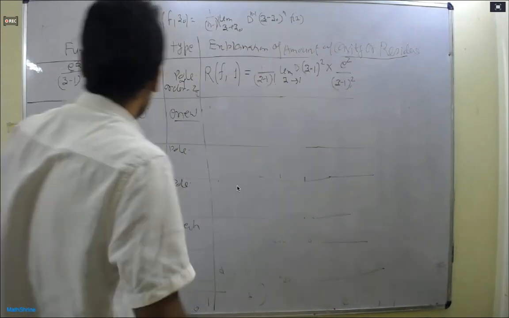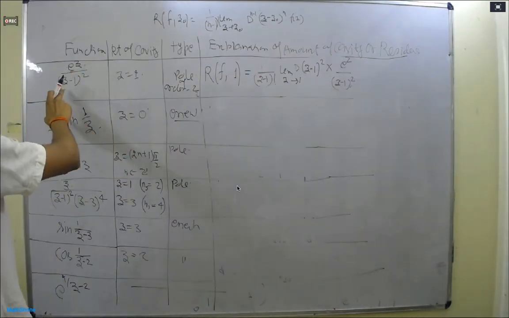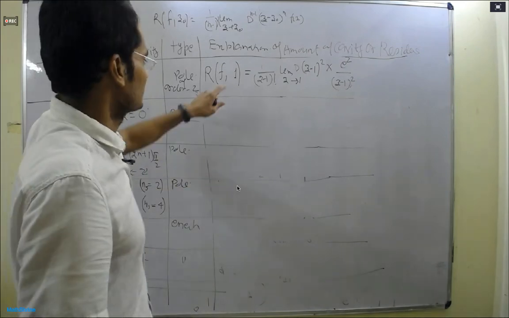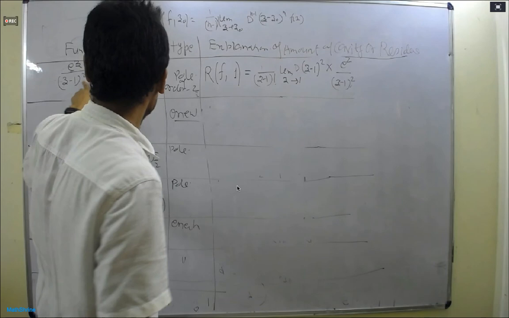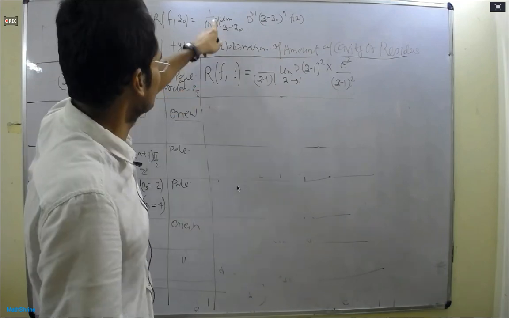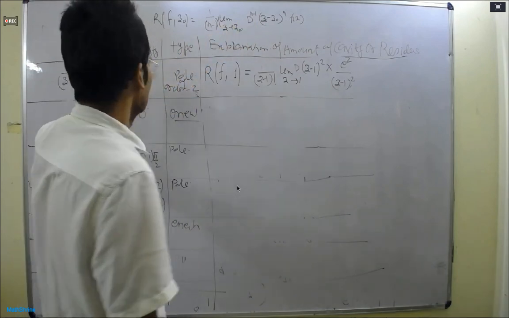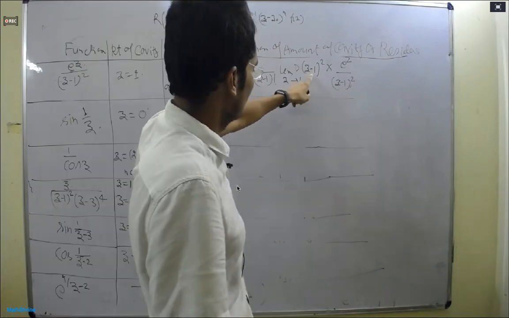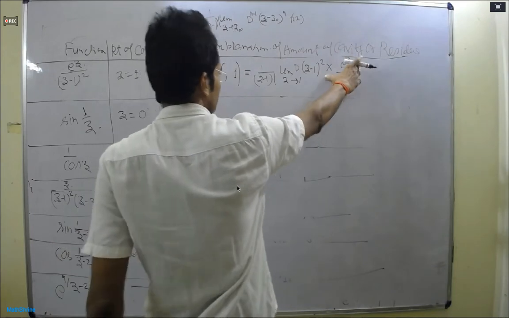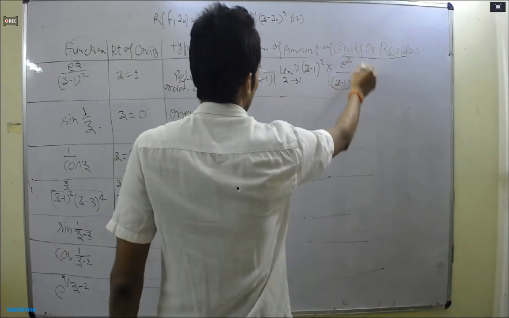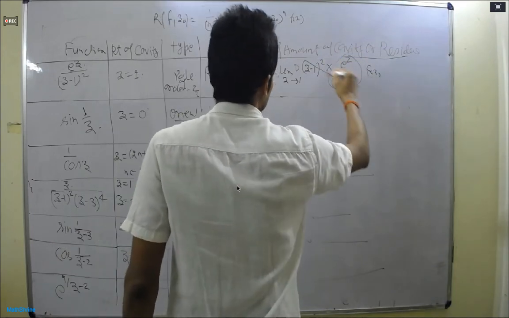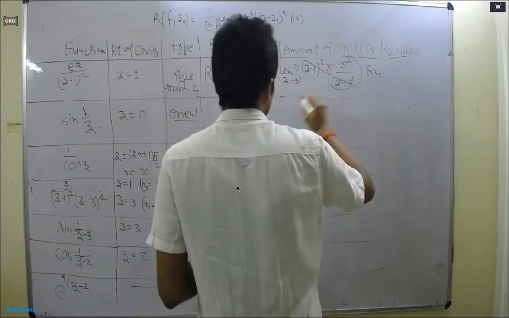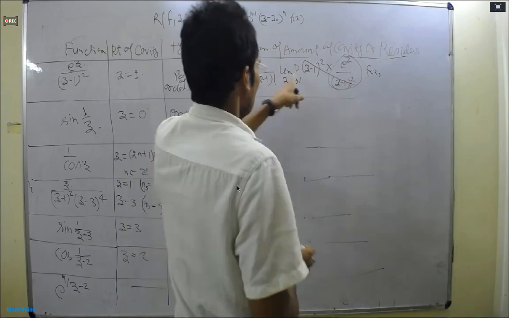So just putting here, we have order 2, so n is equal to 2, and z naught is equal to 1. It will come out 1 upon 2 minus 1 factorial, limit z tending to 1, derivative of z minus 1 whole square into this, which is our function f(z). This will cancel out. If you calculate this, what will be the derivative of exponential z? It will be e to the z, so this will come out simply e.